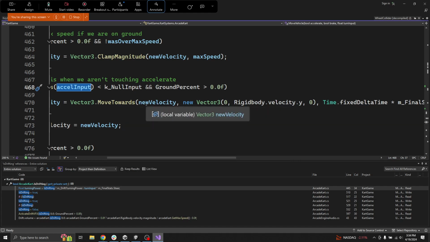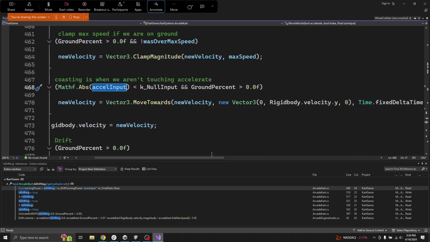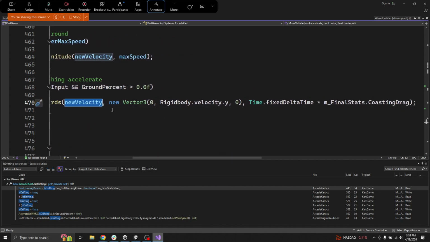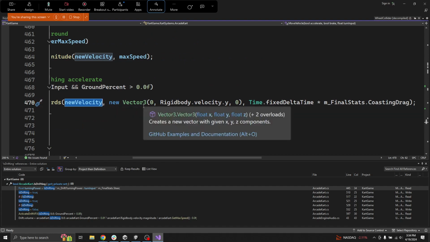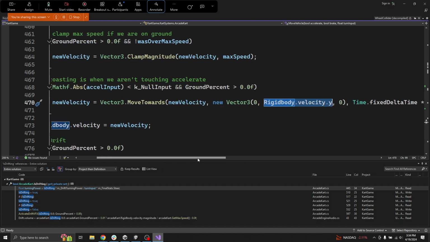So for new velocity, it's like take whatever our new velocity is, if we're coasting and some new velocity was calculated. And then the second one is new Vector3 of 0, so take whatever our velocity was in the y currently, but nothing in x, nothing in z.